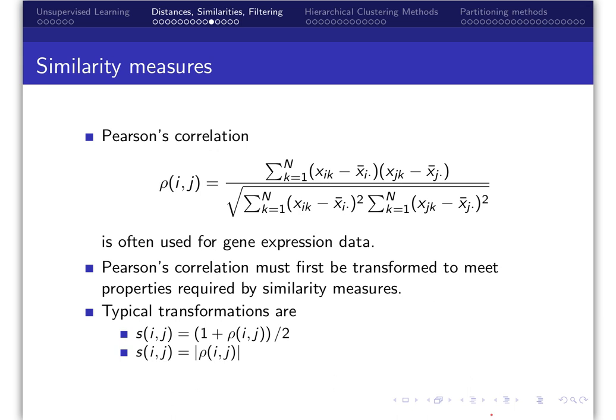Selection between these two transformations must be based on subject matter knowledge. That is, whether highly negatively correlated objects should be considered dissimilar, then use the former transformation, or similar, then use the latter transformation. That is, the latter should be used when you want to consider highly negatively correlated objects as having a small distance.